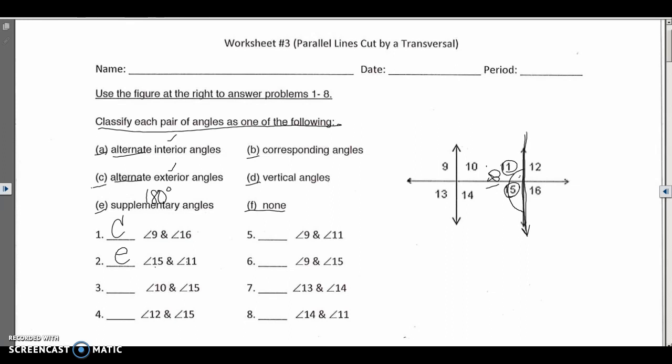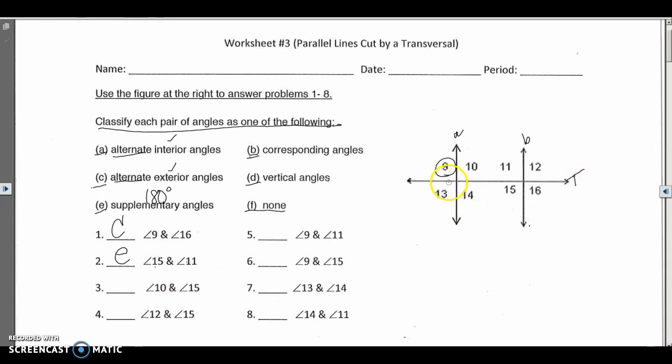Let's move on to corresponding angles. This is letter choice B. Corresponding angles are in the same place on the parallel line and on the transversal. They're just located in the same place. For example, I'm going to look at angle number 9. Here is line A and line B, which are parallel to each other. Here's my transversal.